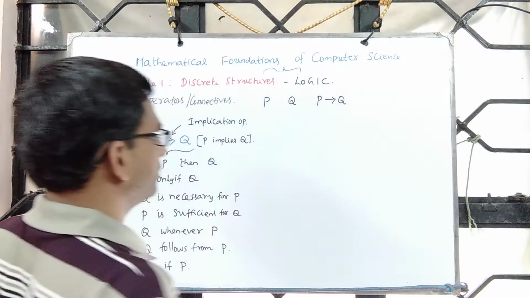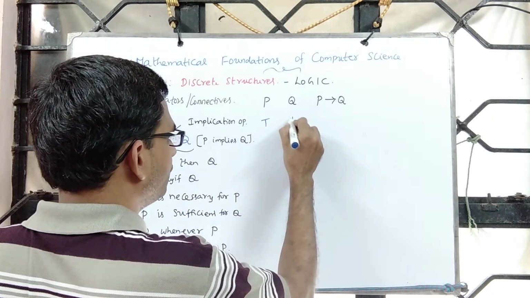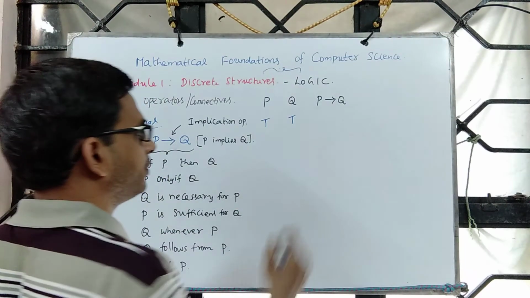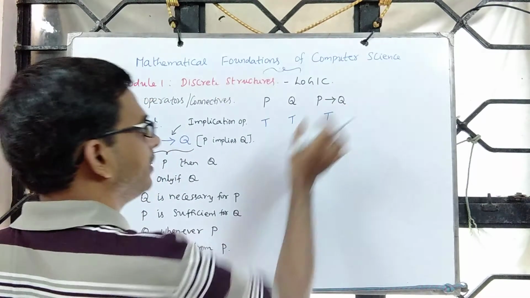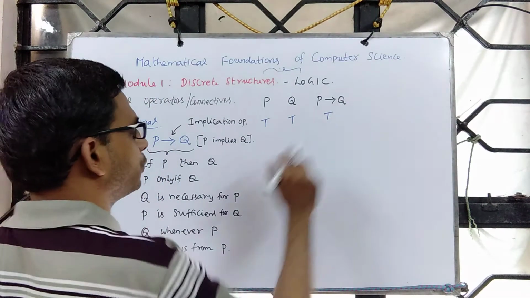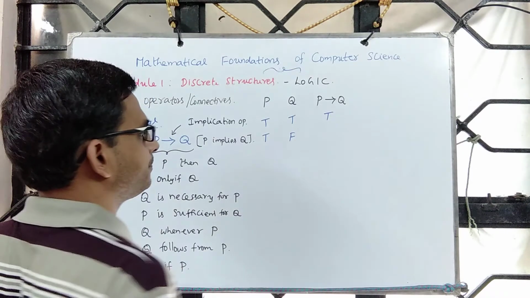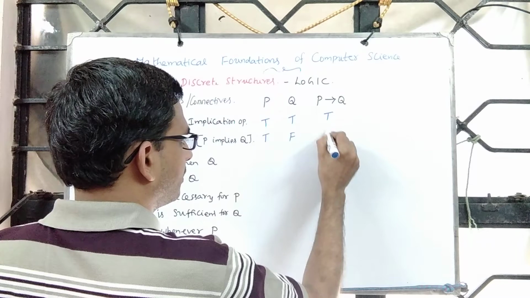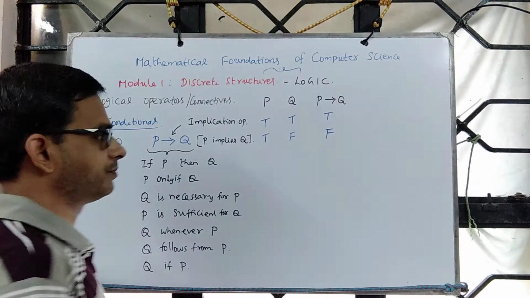What it says is the following. If P takes the value true and Q takes the value true, then the truth value associated with the statement P implies Q is true. P true and Q false, then the truth value associated with this is false.